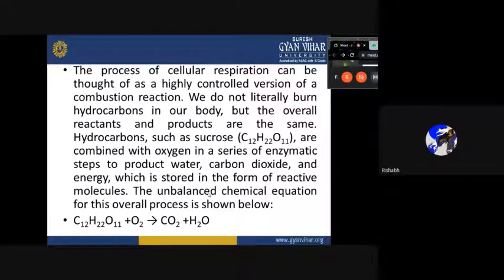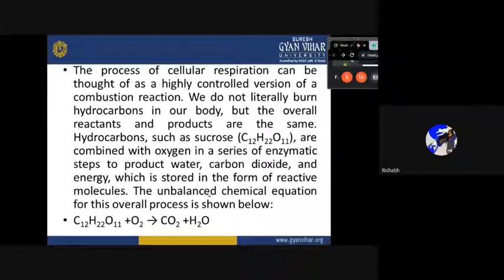So the process of cellular respiration can be thought of as a highly controlled version of combustion reaction. Okay, so we do not literally burn hydrocarbons in our body, but the overall reactions and products are the same.